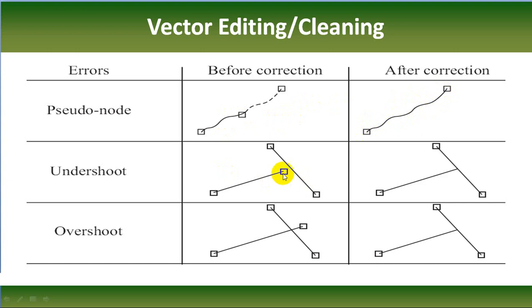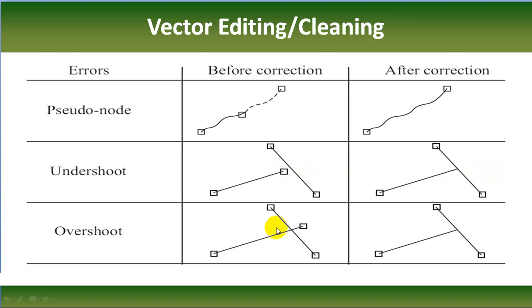Undershoot. This line should touch this particular line on its edge, but accidentally the GIS user did not touch it. So this gap is called undershoot. If you have such an undershoot, it should be removed and this line should be extended up to its edge.